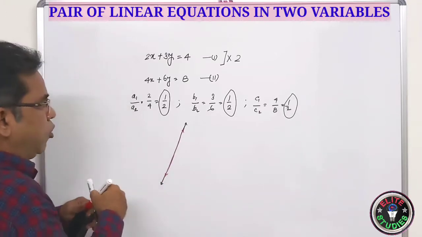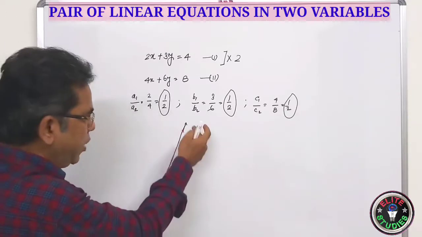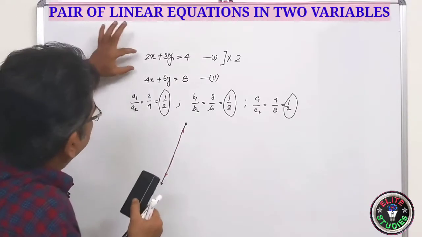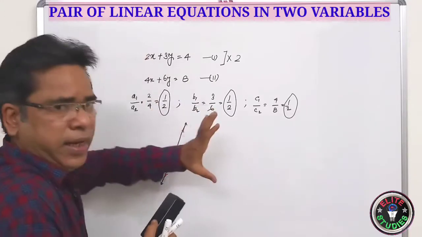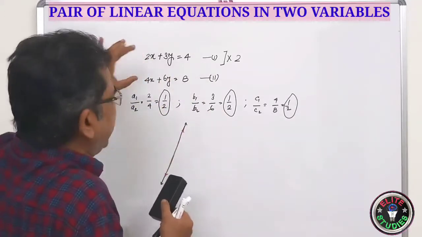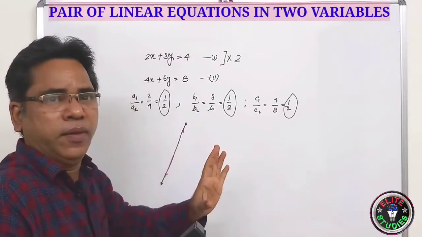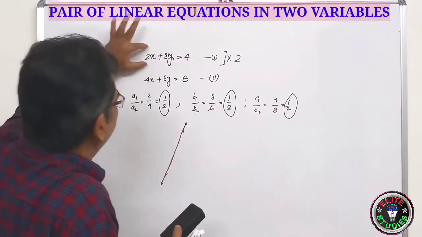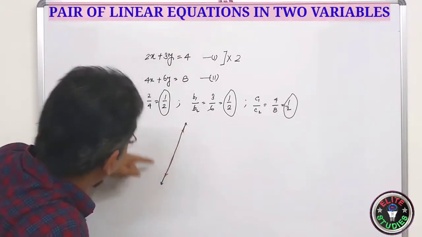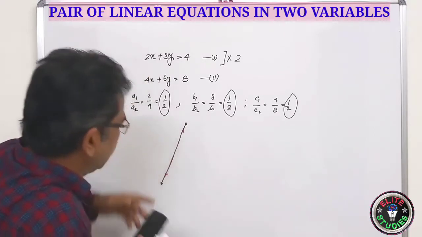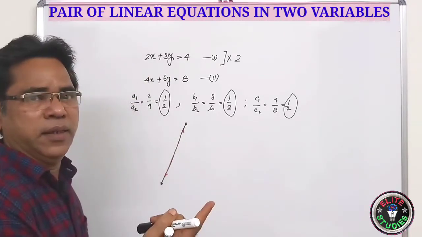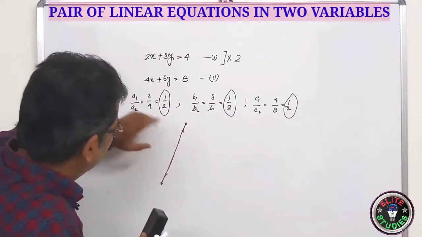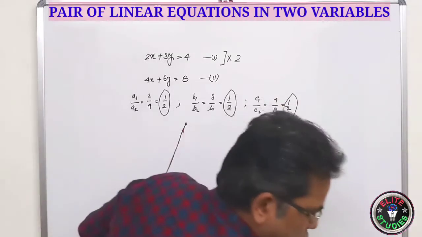They will be coincident, because mathematically these two equations are exactly the same. There is no difference. If you draw the graph of this, suppose this is the graph, then this will be this. So you are getting the same line only. So here we will have infinitely many solutions.